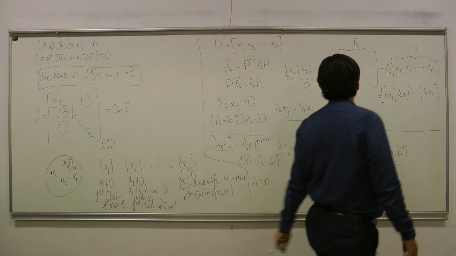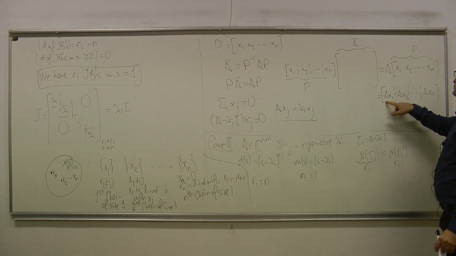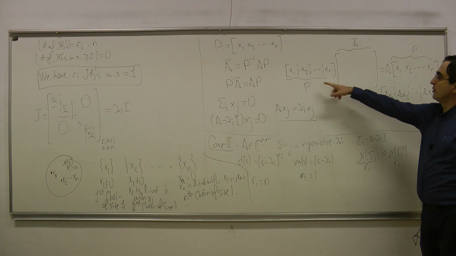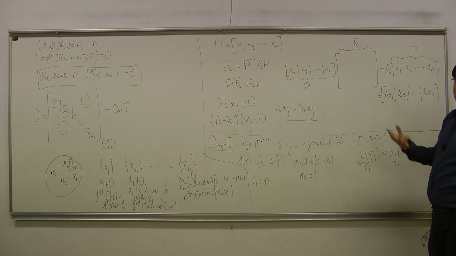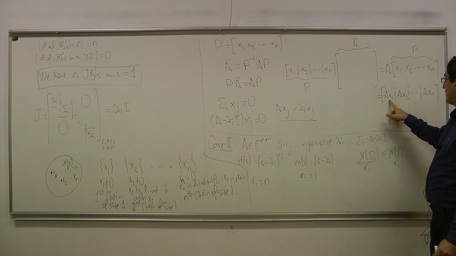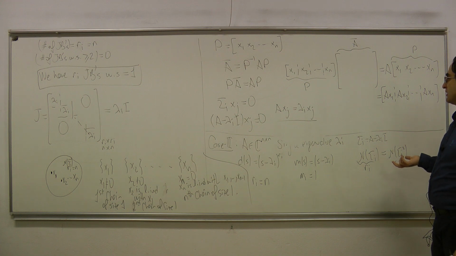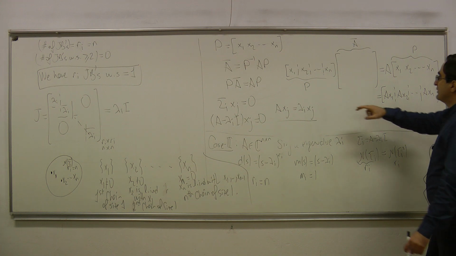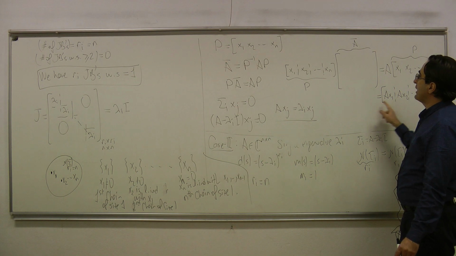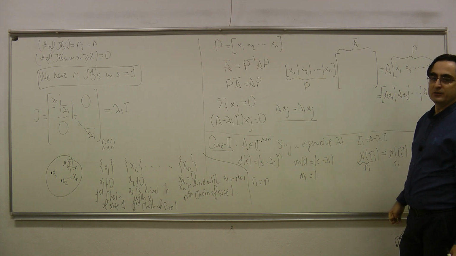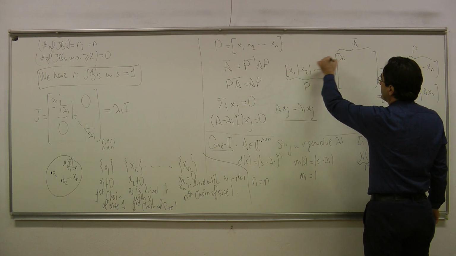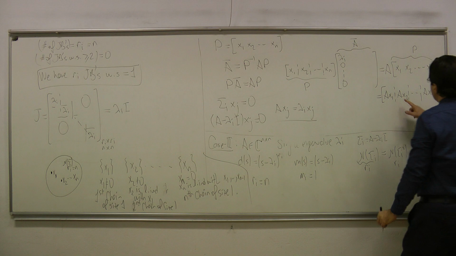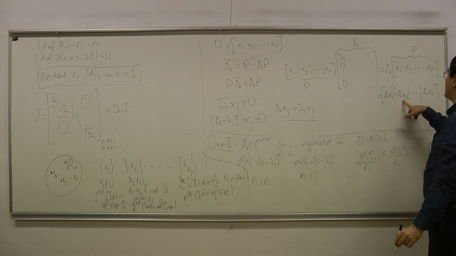And now I'm about to express this A times x1 as a linear combination of these columns here. A times x1 is lambda I times x1 because x1 is an eigenvector corresponding to the eigenvalue lambda I. So what should be the coefficients expressing A x1 as a linear combination of these columns? Obviously the first coefficient should be lambda I and the rest will be equal to 0. A times x2, x2 is an eigenvector.